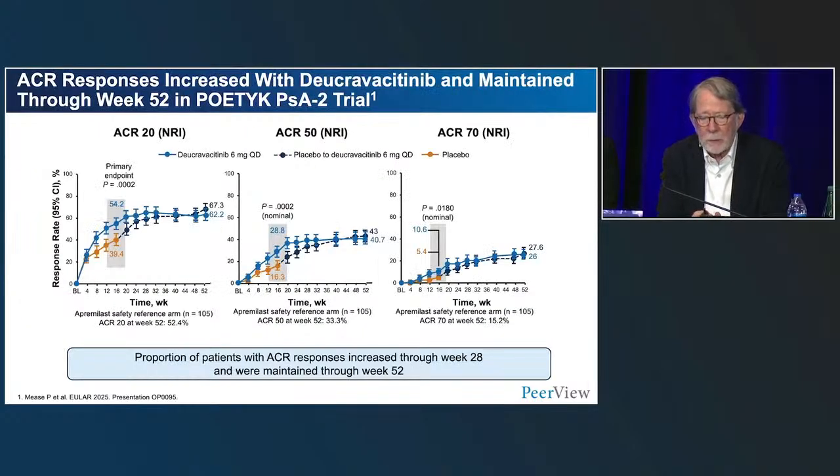Here's a linear time plot which shows the ACR 20, 50, and 70 results. And as you can see, as we get out to week 52, there was a slightly ascending curve in all of these, with more responses seen at the week 52 time point by NRI analysis.